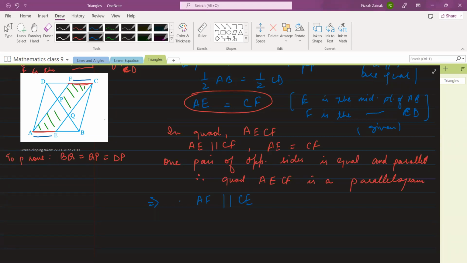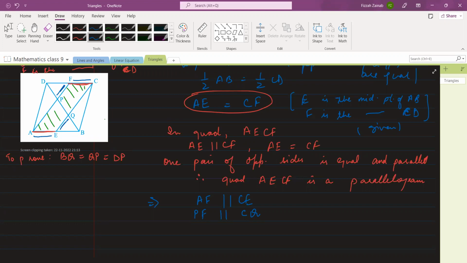Now because the complete side AF is parallel to CE, its part, that means the AF part PF, will be parallel to CQ. Can I say that? I'm considering this part is parallel to this part because the full line is parallel, so a certain part of it will also be parallel.